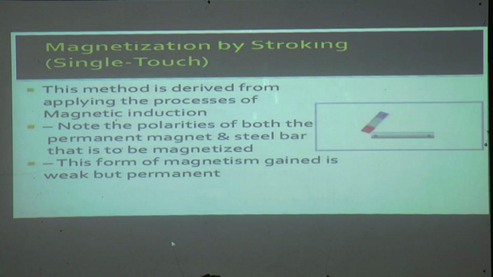Any magnetic substance, like a steel, iron, cobalt or nickel bar, can be magnetized. This magnetism gained is weak but permanent. You stroke once only, so that the substance changes into a magnet. This is called single touch magnetization.